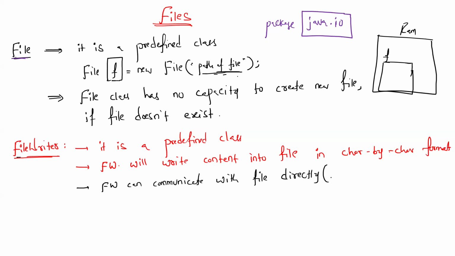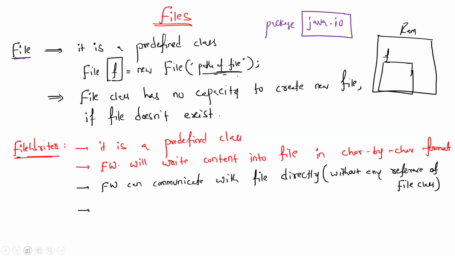What do you mean by directly? Without any reference of the file class. File class object is not required. That's what I mean. Then does the file class have the capacity to create the file if the file doesn't exist? No capacity.